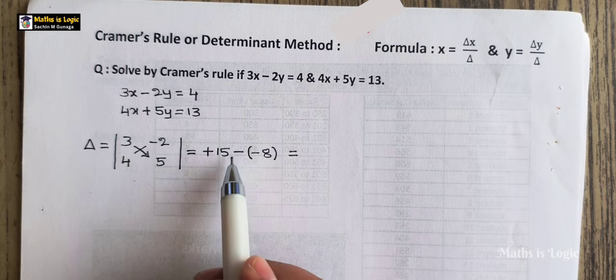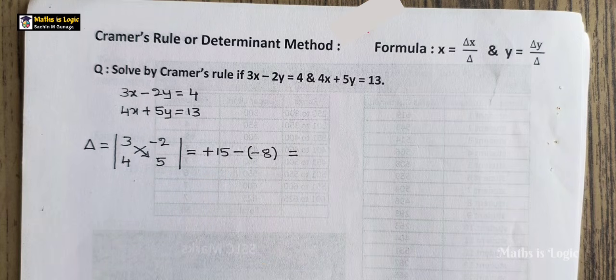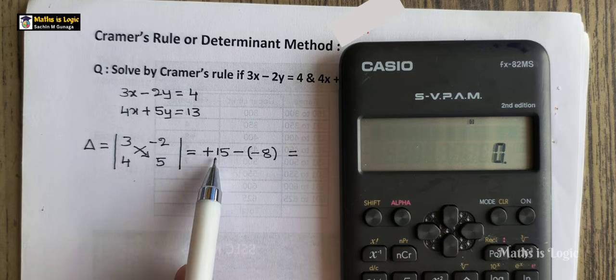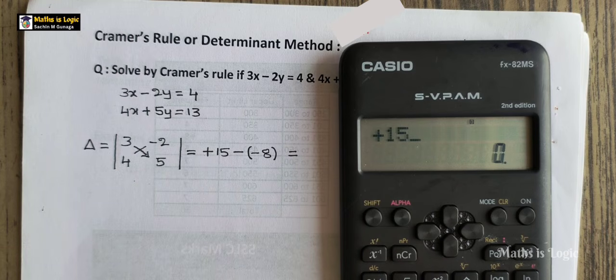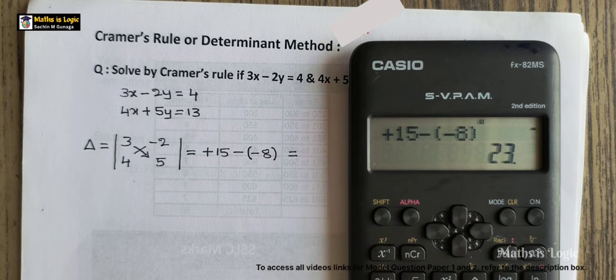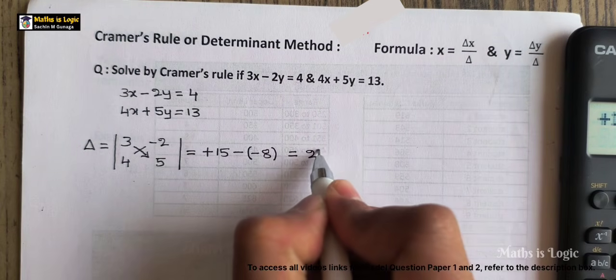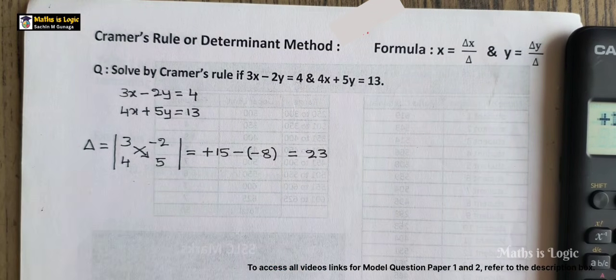Opening the bracket you can simplify, otherwise use the calculator directly. Plus 15 minus of in bracket minus 8, which is equal to 23. So this is the value of delta.